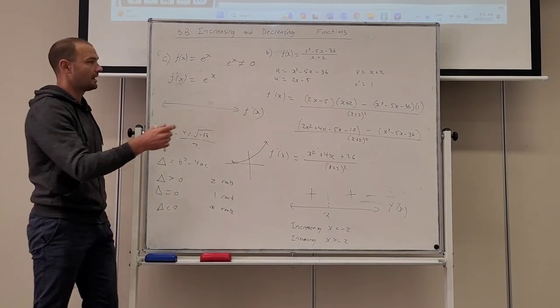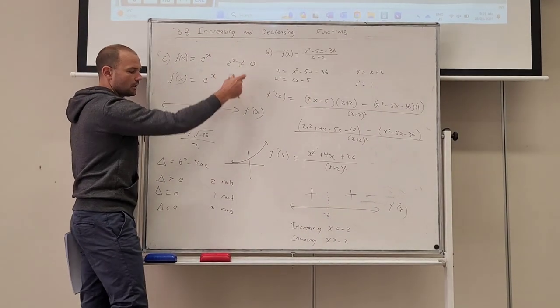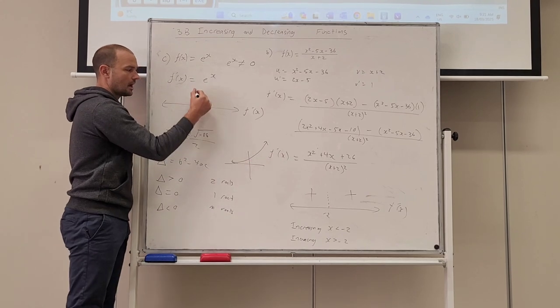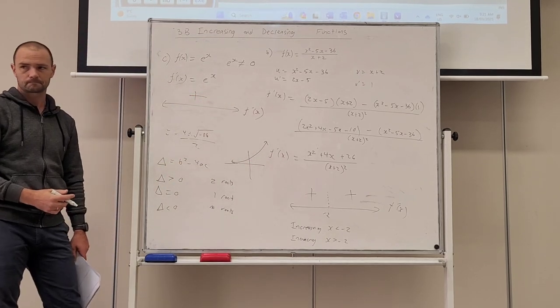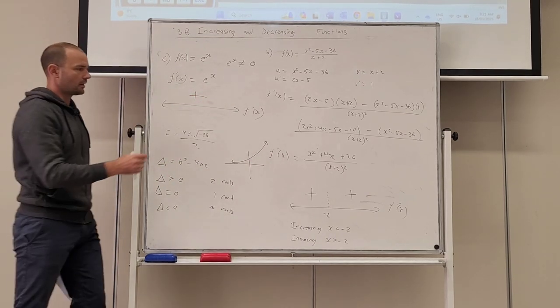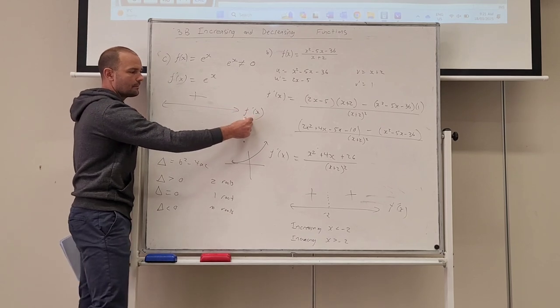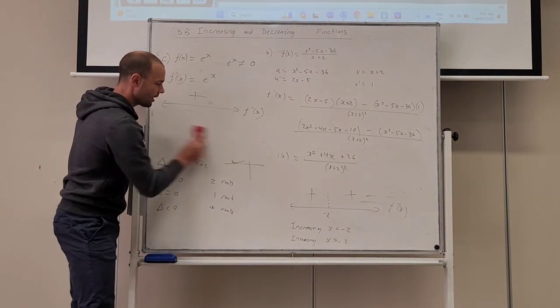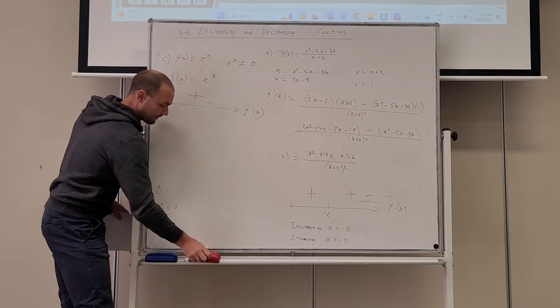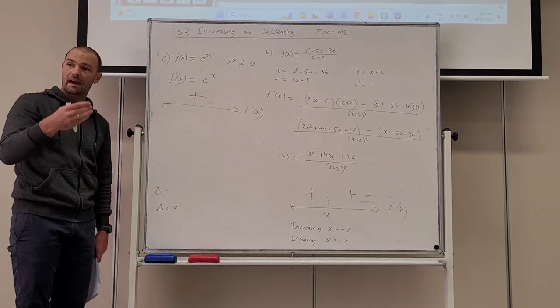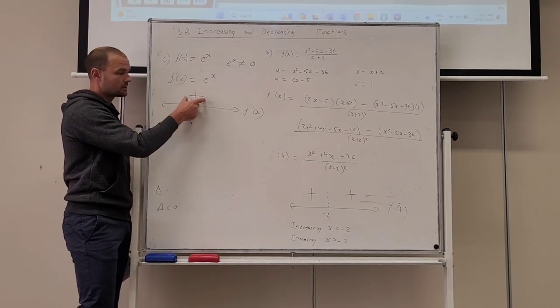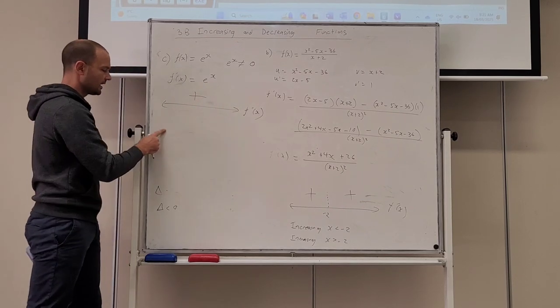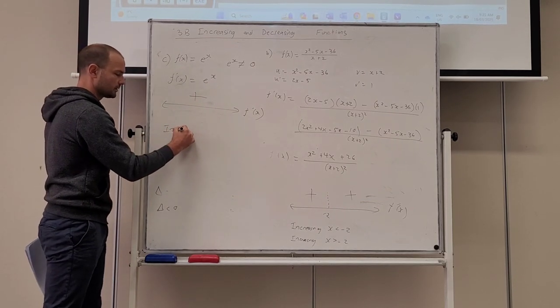That's something to remember. e to the x will never equal 0, which means it's completely above. Again, we're using the sign diagram to make statements about the original function. What do we know about the original function? If there's no roots, there's no asymptotes, it's got positive slope, always.